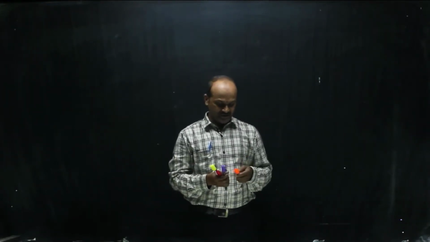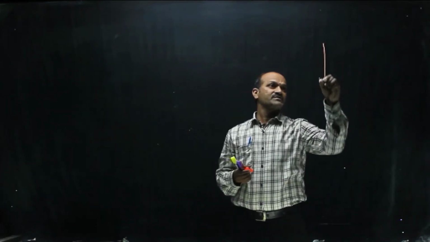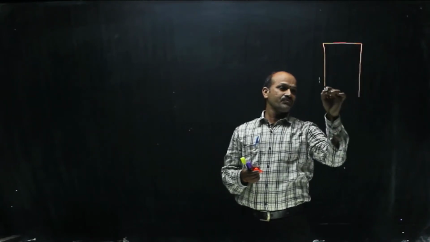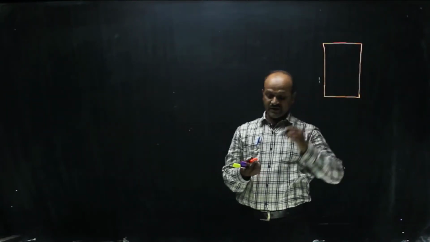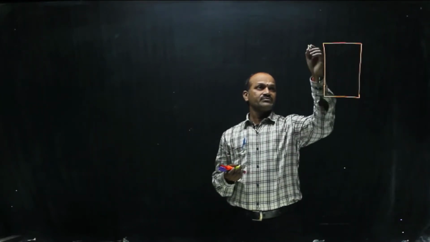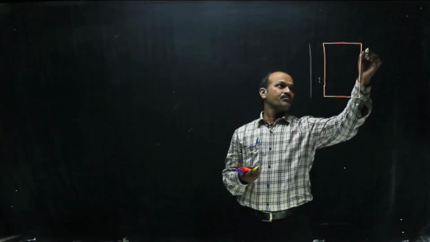For example, let us take a thin dielectric slab, placed in an external electric field. For the external electric field, you can take a parallel plate capacitor.